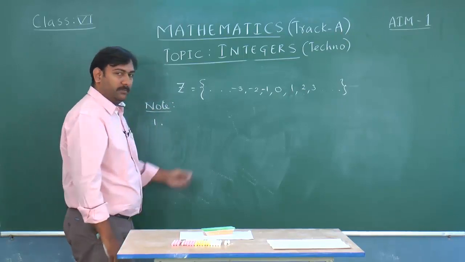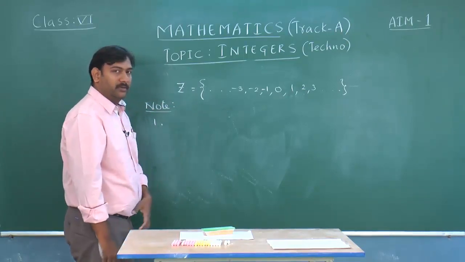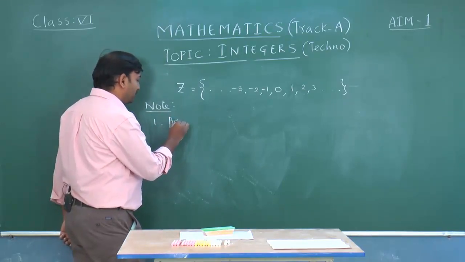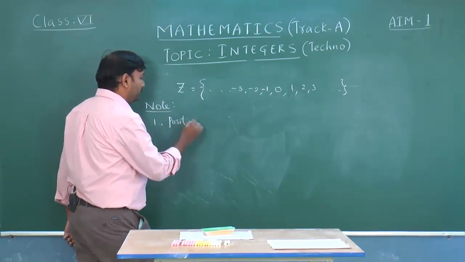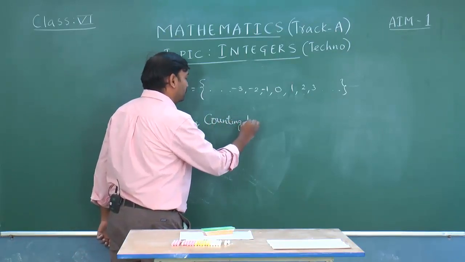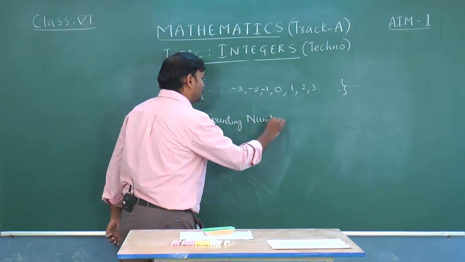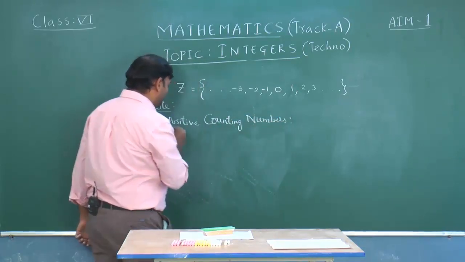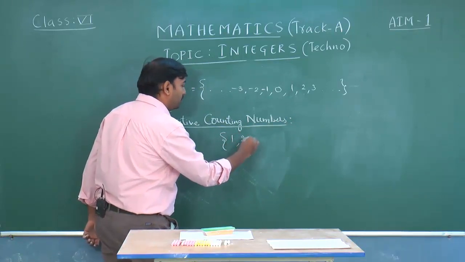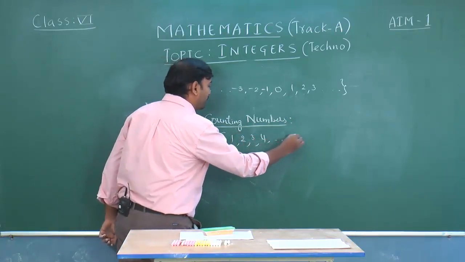So let us discuss the important notes regarding the set of integers. The first note is the positive counting numbers. The positive counting numbers are 1, 2, 3 and 4 and so on.